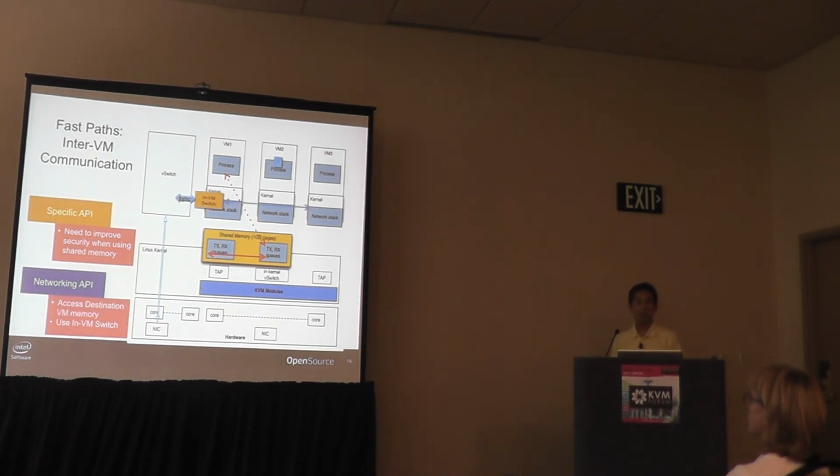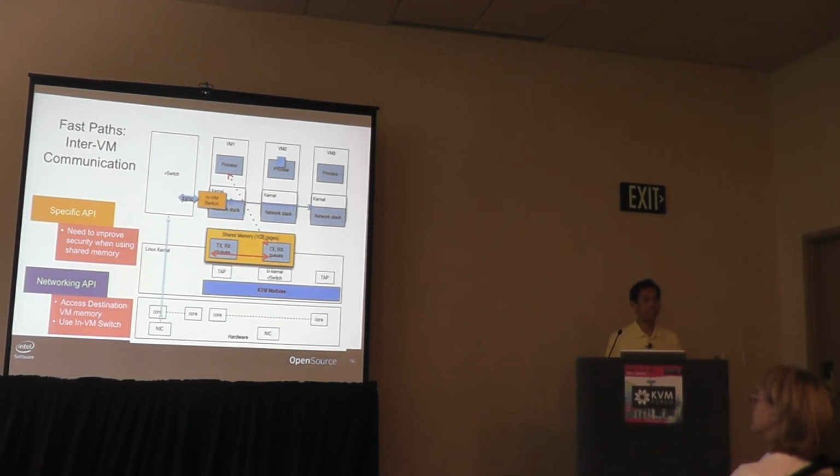Now, if we have a networking API, then what needs to happen? What we need is something like an in-VM switch. Basically, we cannot send the packets ignoring what the switch says, right? So we have to have a small in-VM switch that has a cache of the vSwitch, basically.